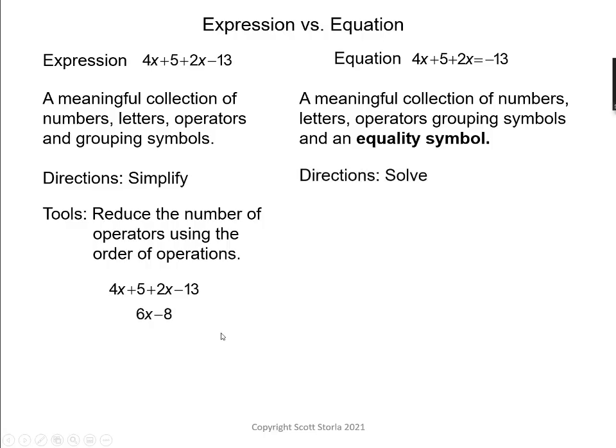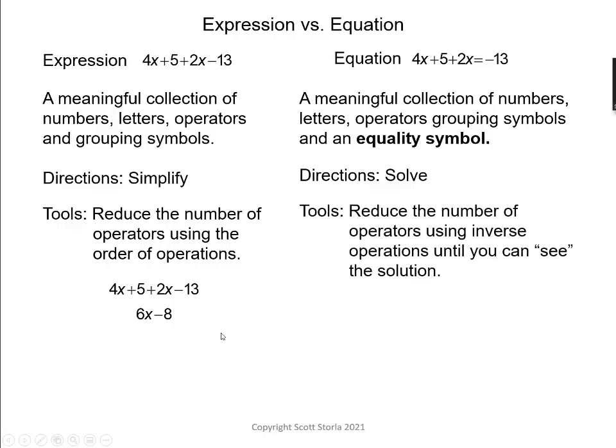With equations, the directions often say to solve. And the tools we have to solve the equation is to reduce the number of operators, but in this case we're going to use inverse operations, and we do that until we can see the solution.